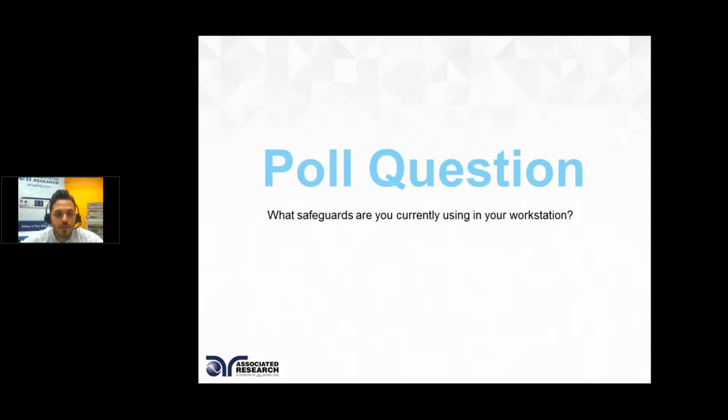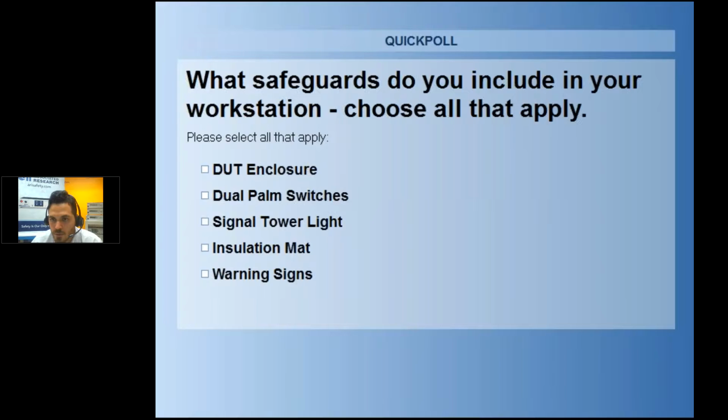So here is our second poll question. What safeguards are you currently using in your workstation? And so Allison will open that up. I think this feedback is important, because if I was attending on the other side, I'd want to see what other companies think are the best options to protect their workstation.